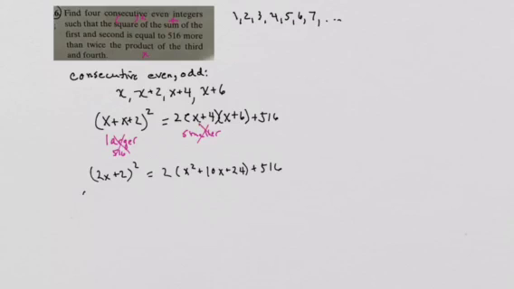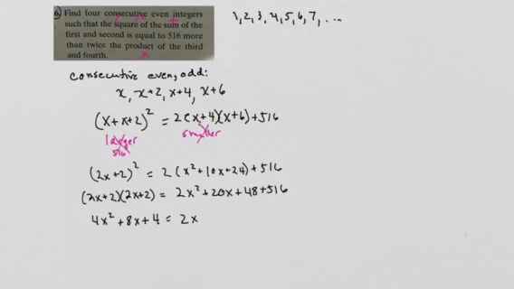On the left side, we're squaring. Remember, that doesn't mean 4x squared plus 4. It means to take 2x plus 2 and multiply it times itself. So you actually have 4x squared plus inners are 4x and outers are 4x, so that's 8x, and 2 times 2 is 4. On the right, there's 2x squared plus 20x plus 48.